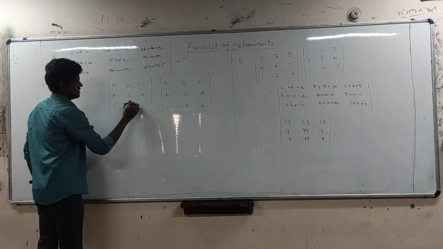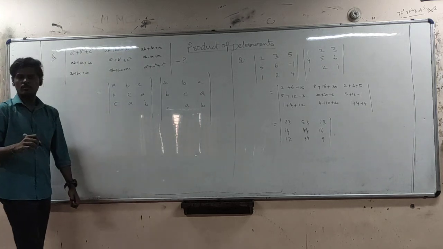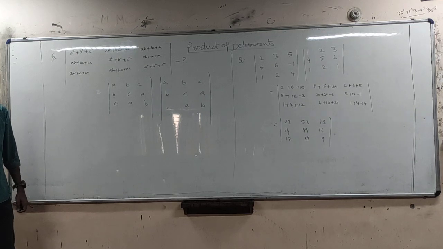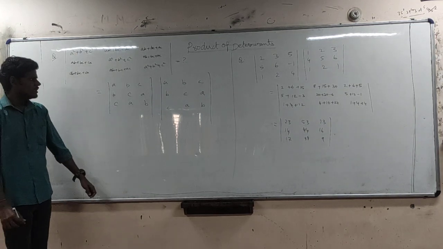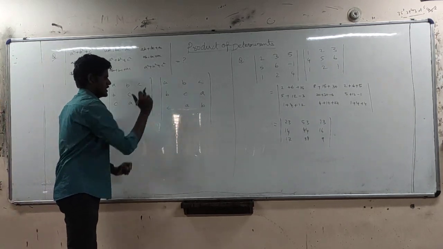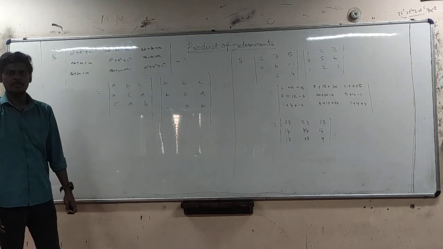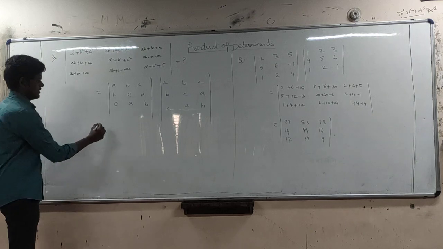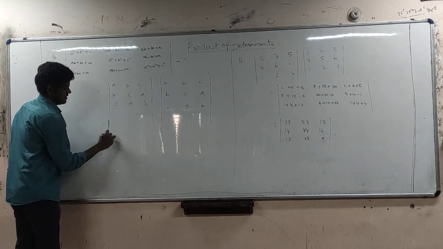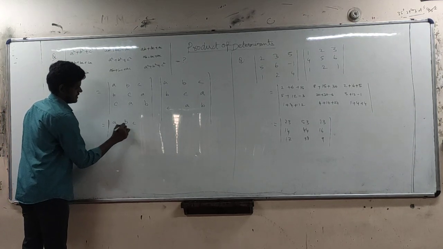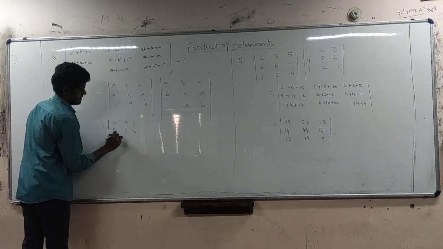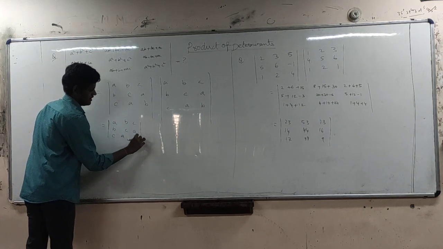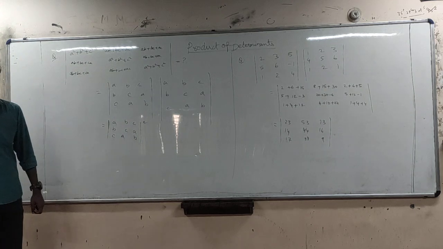So we can write this as c into a into b. Is that clear? Now observe that these two determinants are the same. So we can write this as this determinant whole square: a, b, c; b, c, a; c, a, b, whole square.